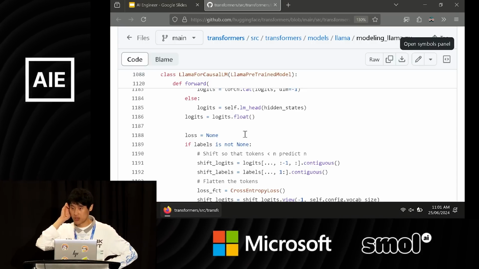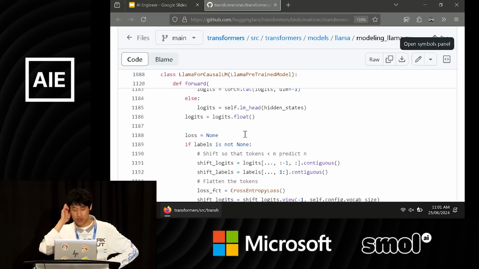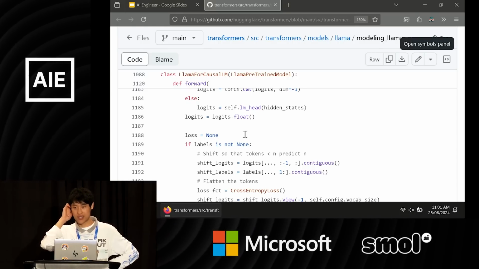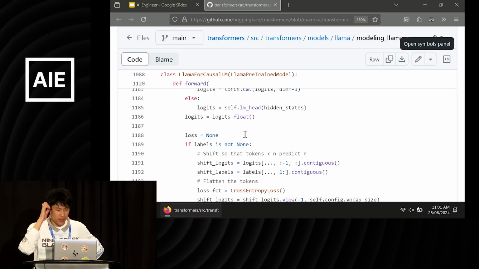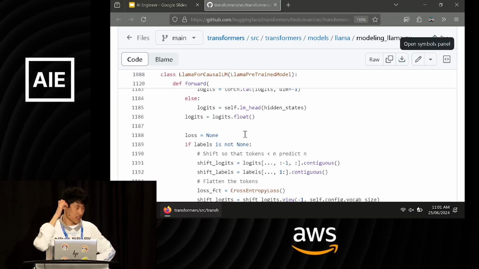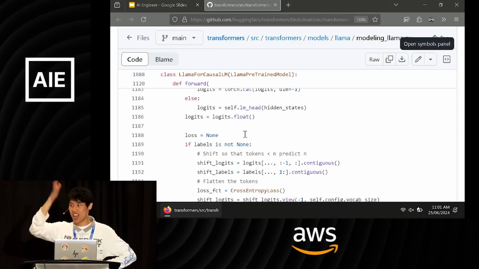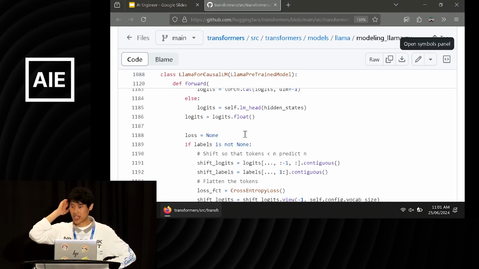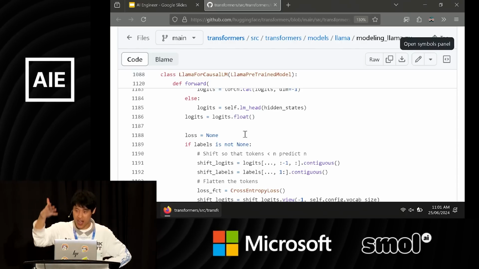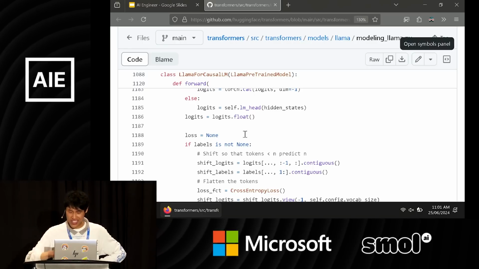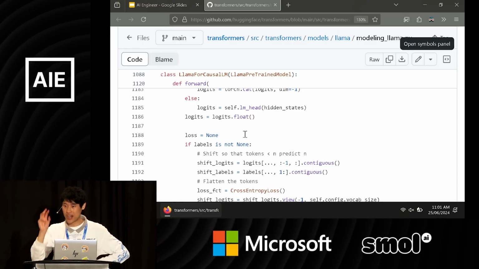Remember, the exponential can be very large. So you want float 32, which has larger range than float 16. Float 16's maximum number is 65536, I think. But float 32's maximum is some large number, about 10 to the power of 38. So that's why you have to upcast it to float 32. This just makes training more stable. So all of these tricks that we do are just to make training stable.